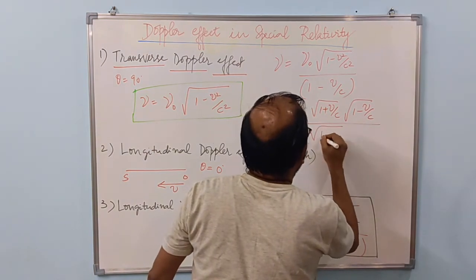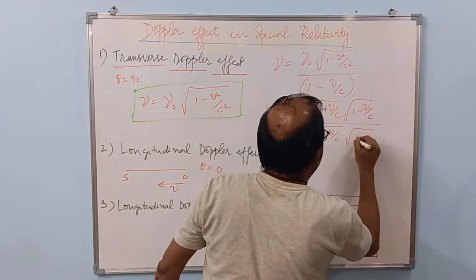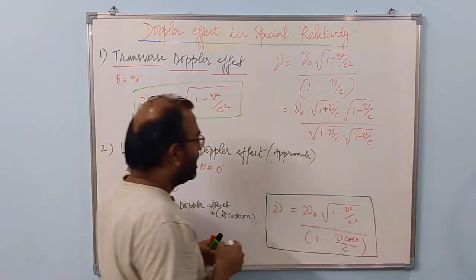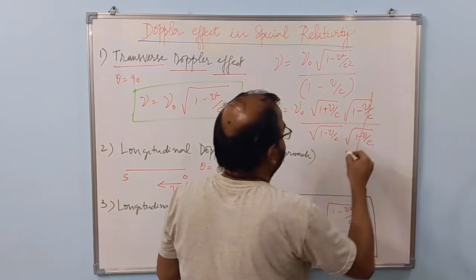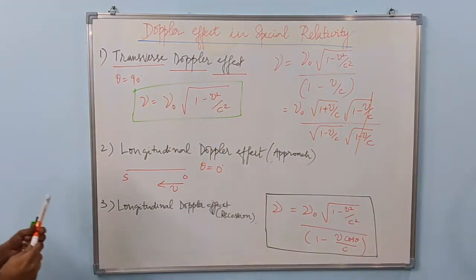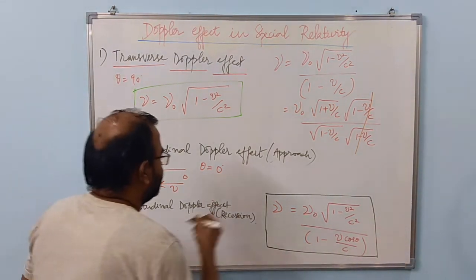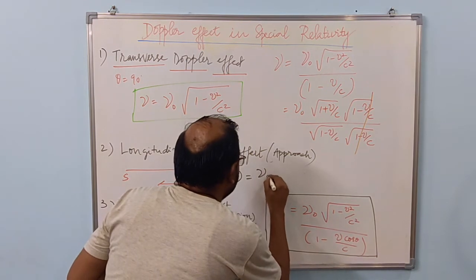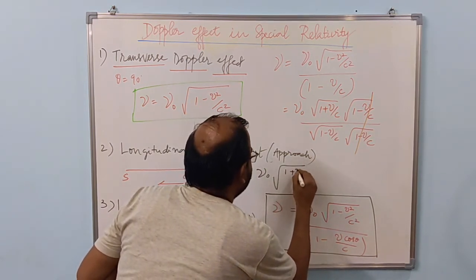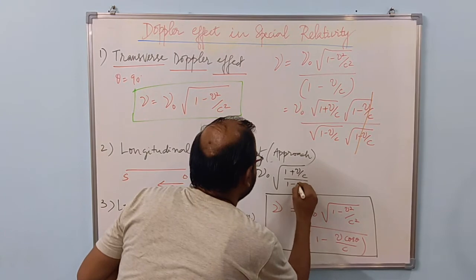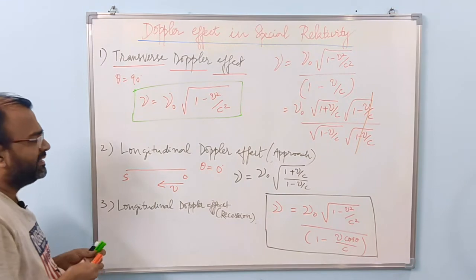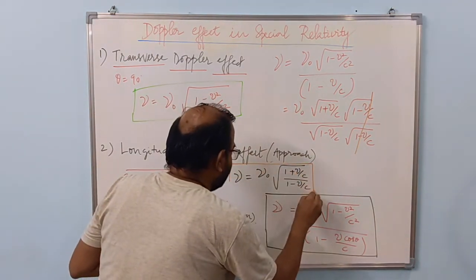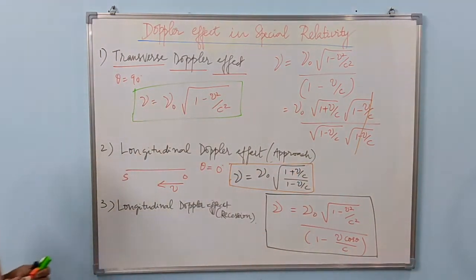Denominator I will have square root of 1 minus v over c, square root of 1 minus v over c again, and therefore these two terms will cancel, resulting in the expression for the longitudinal Doppler effect approach case, that is nu is equal to nu naught square root of 1 plus v over c divided by 1 minus v over c, which is the same as the one that we discussed earlier. Same expression has been derived as a special case of the general case now.